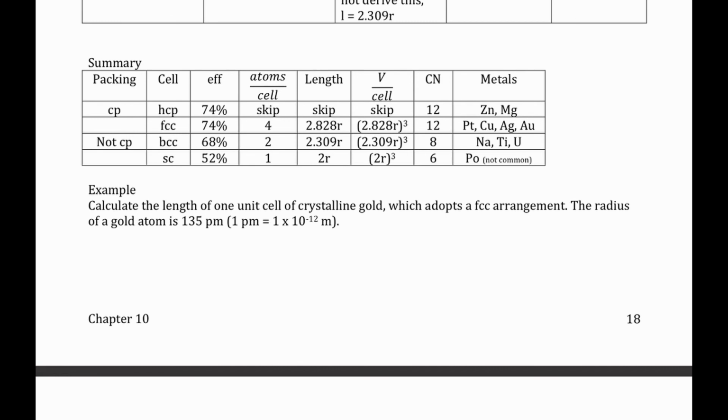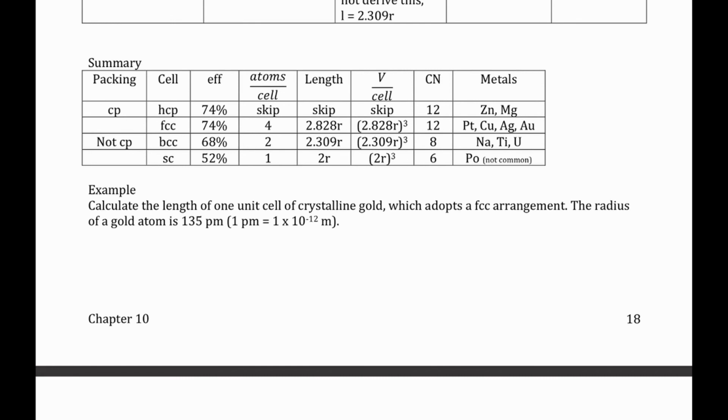The atoms per cell for FCC we found to be 4 from earlier. For the not closest packing, those come as 2 types that we will work with: body-centered cubic, BCC, and simple cubic. Though we haven't proven it, the packing efficiency of BCC is 68%, and that of simple cubic is 52%. Notice that for the closest packing, we have the highest efficiency, 74%, and then for the others, we have lower packing efficiencies.